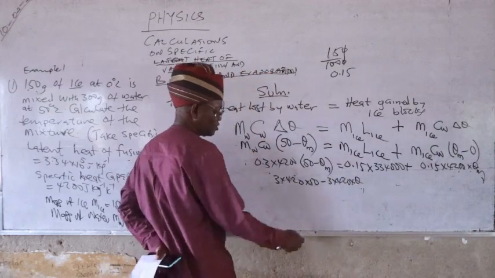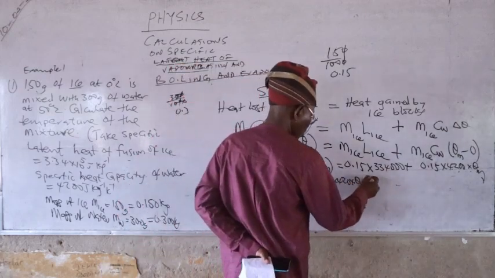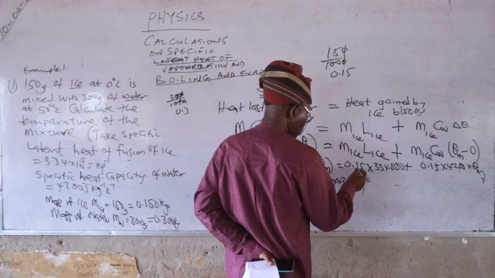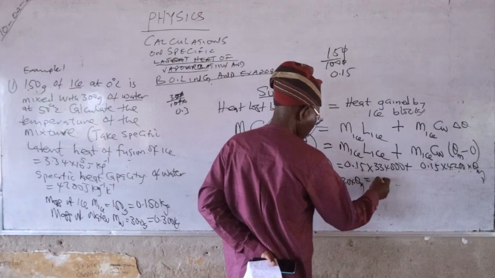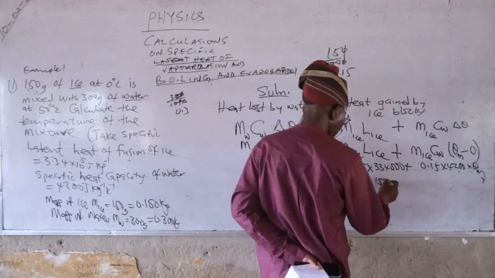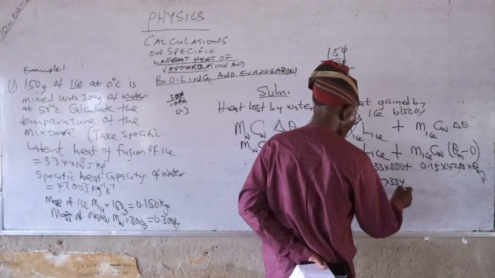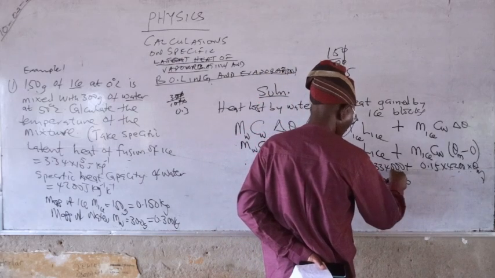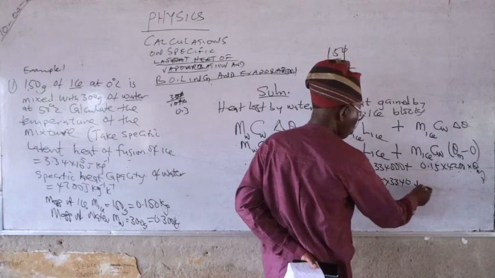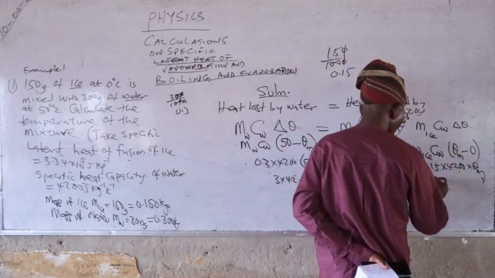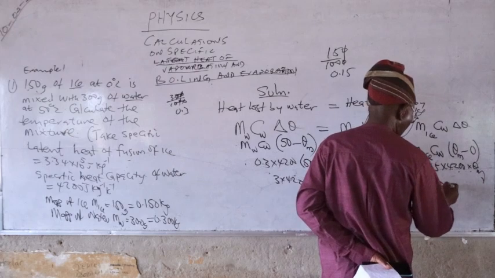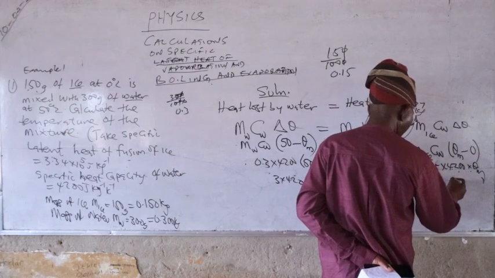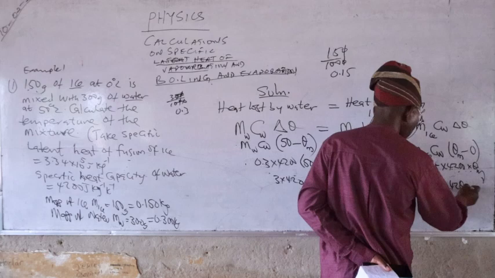It reduces it into this, which is equal to this one too. You have 15 times 3, 3, 4, 0. 2 will have gone. Then plus this will be 15 times, remove 2 here, 42 theta.